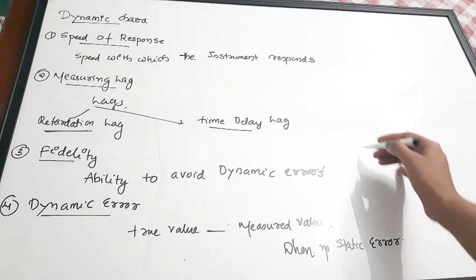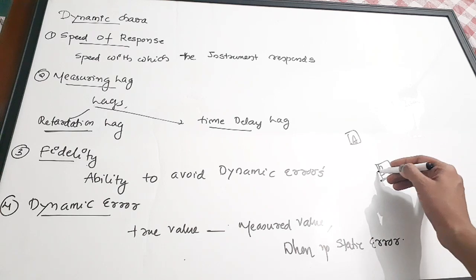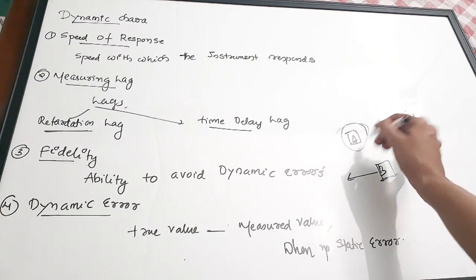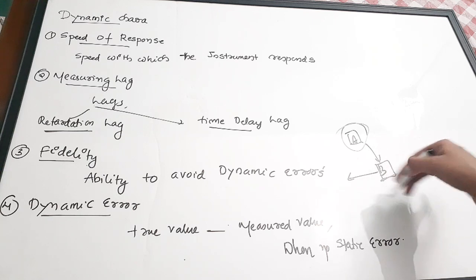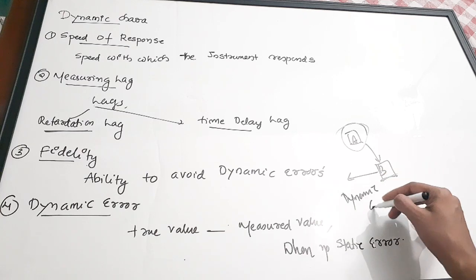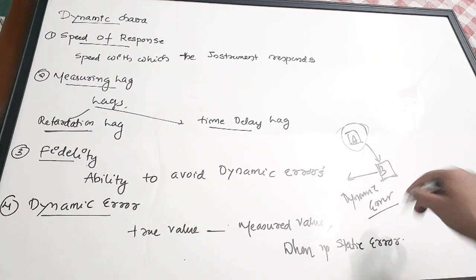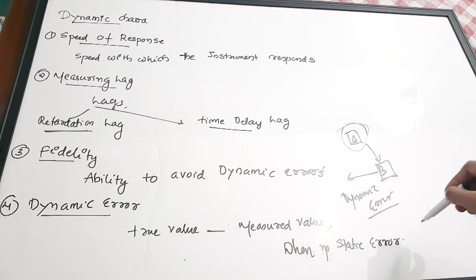Consider that an instrument A is measuring a quantity B. So how good this instrument A is at giving the changes in B without dynamic errors. In short, we can say how good A is at avoiding dynamic errors.